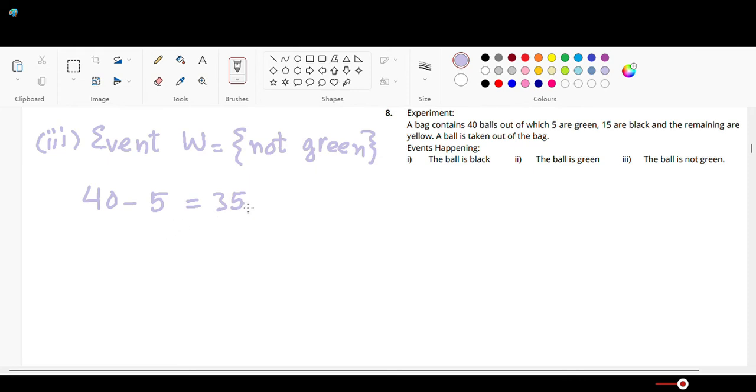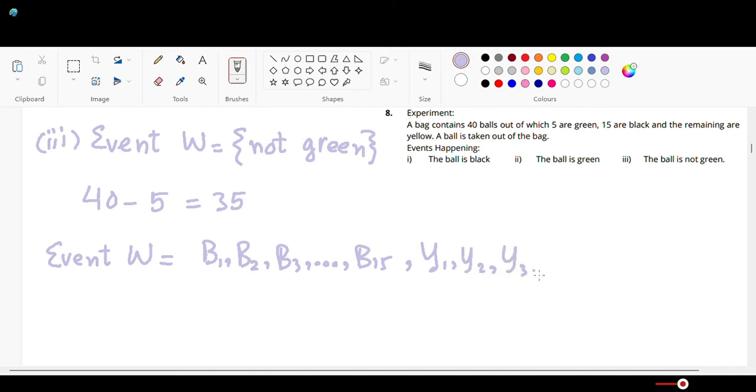They're either black or yellow, but that doesn't matter because we're not concerned about that. So event W is equal to the black balls B1, B2, B3, all the way to B15, and the 20 yellow balls, Y1, Y2, Y3, all the way to Y20. That makes 35 balls.